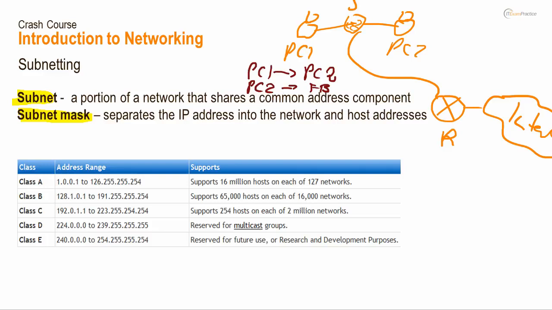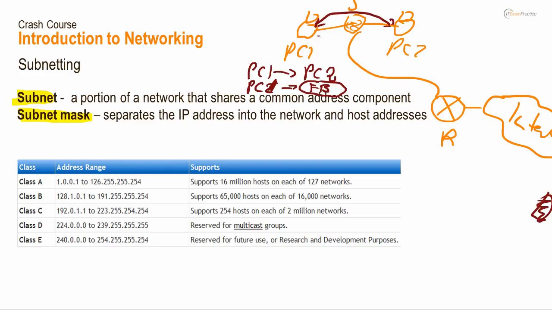If PC1 and PC2 are on the same subnet, they will talk to each other directly. If PC1 is not on the same subnet as Facebook, and of course Facebook is somewhere else, it is over here somewhere, then PC1 will send it where?